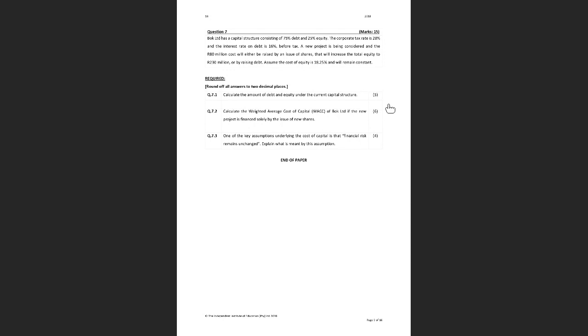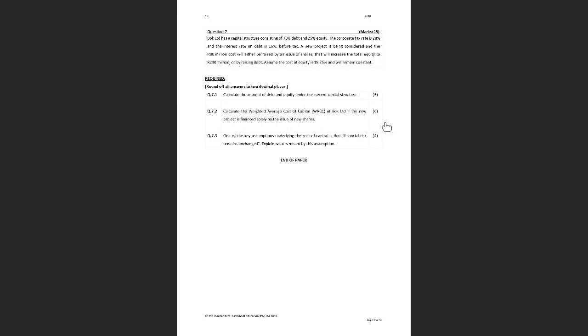If they do issue shares, then the total equity will be equal to 230 million after they have raised the shares. Do you know how many students last year could not work out that? In order to work out what the equity was prior to that, all they had to do was deduct 80 million from the 230 million.